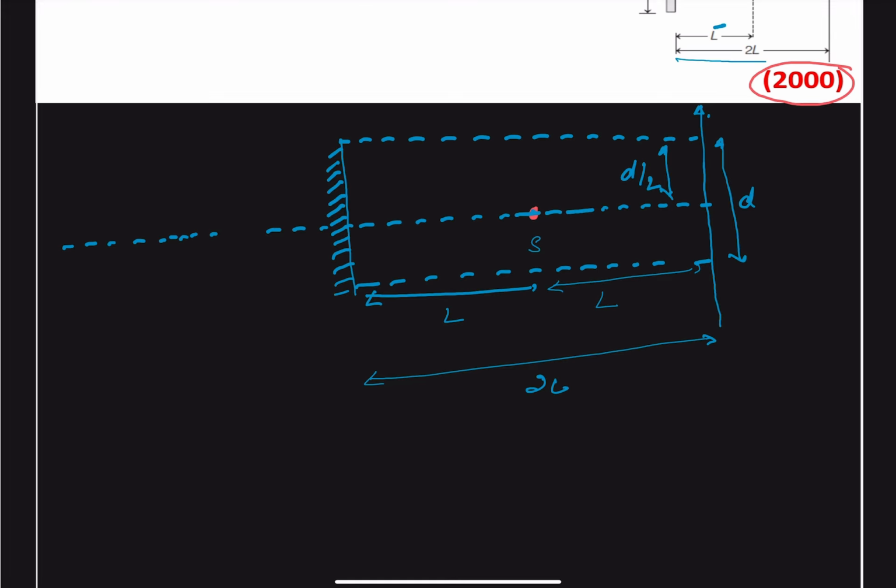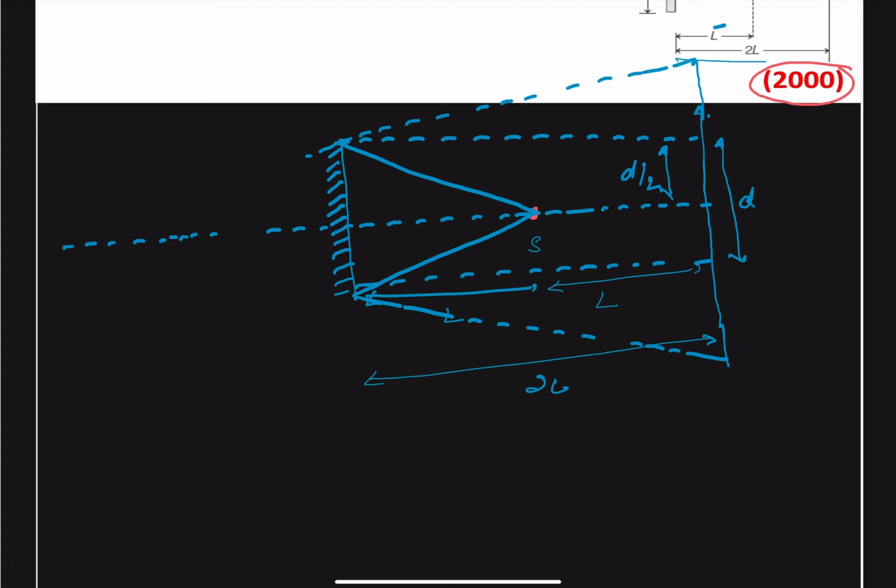In order to see the image in the mirror, we can just draw the reflection from the edge of the mirror, so this way and this way, and the reflections will go in this direction and the other in this direction, somewhere here.